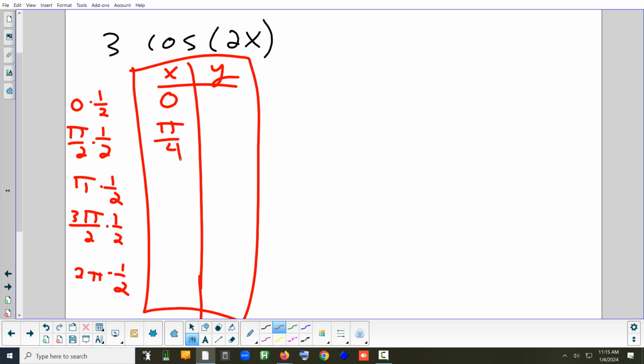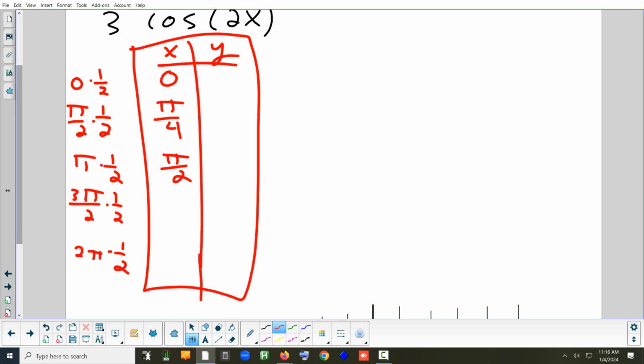And then pi times 1/2. That's pi over 2. The next one, 3 pi over 4. And then half of 2 pi. 1 pi. Okay. And again, it doesn't look like they're equally spaced, but if they all have denominators of 4, 0 pi over 4, 1 pi over 4, 2 pi over 4, 3 pi over 4, 4 pi over 4. Right. And that's your x's, and you get 5 points for that one.